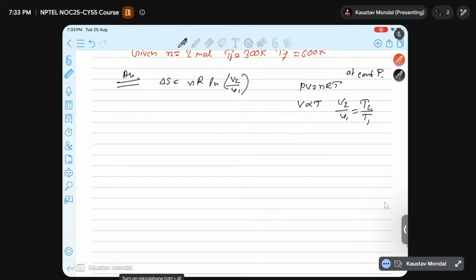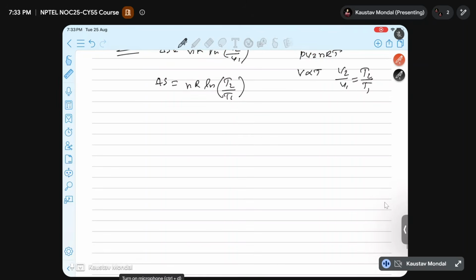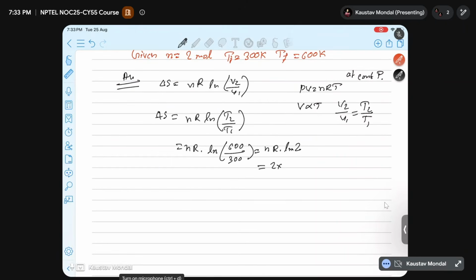Okay, so delta S is equal to nR ln of V2 by V1, which is T2 by T1. So nR into ln 600 by 300 equal to nR into ln of 2. So n is 2, so 2 moles is there. 2 into R is 8.314 and ln 2.